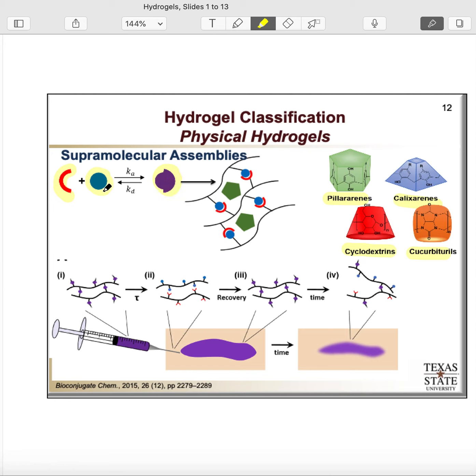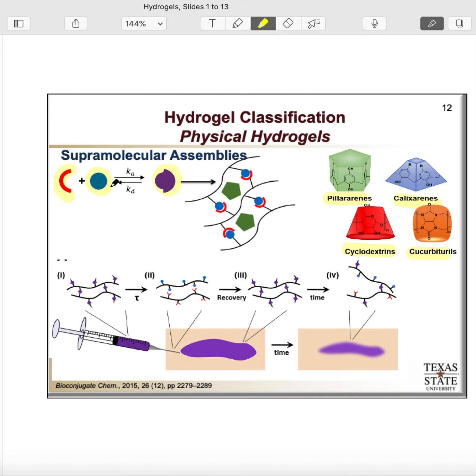That interaction between the two could be driven, as I mentioned, through hydrophobic interactions. In certain cases, you would have pi-pi stacking or van der Waals forces. And in some particular cases, you might also have hydrogen bonding or even electrostatic interactions that are bringing them together.